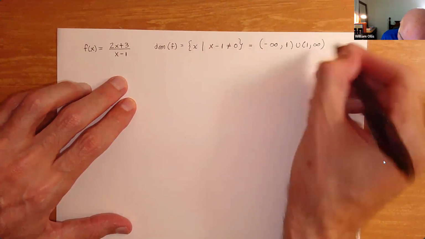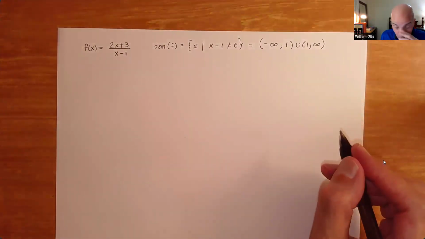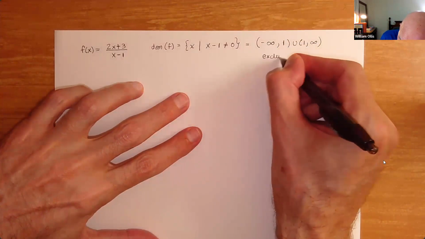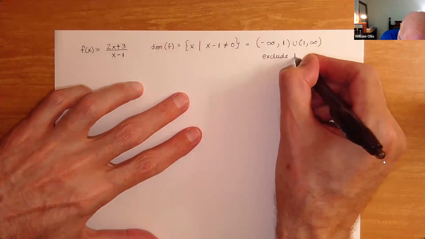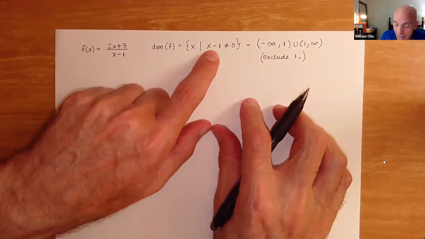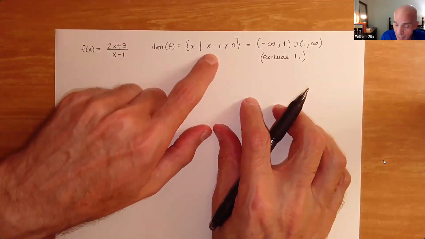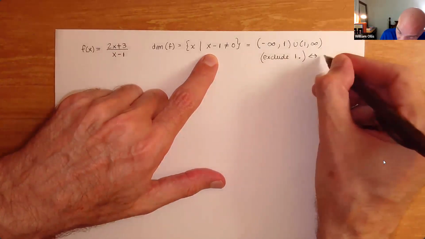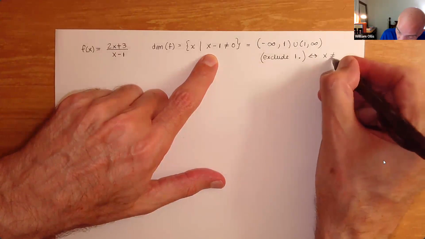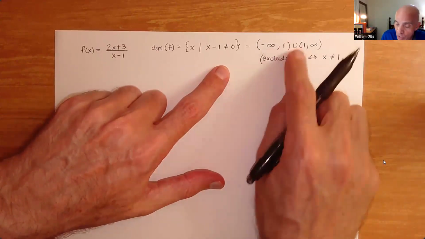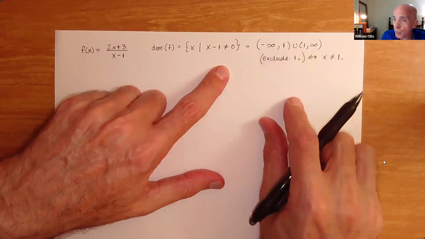So basically what we've done is we've excluded 1. So again, if x minus 1 is not 0, x cannot be equal to 1. And then if we write the interval notation, we simply use the parentheses to exclude the 1.